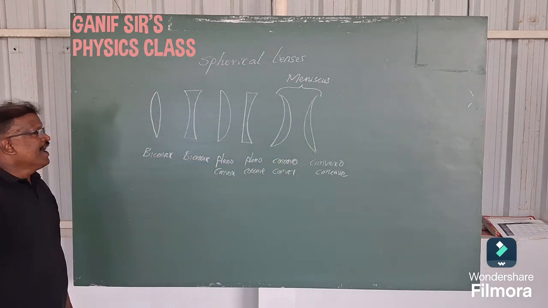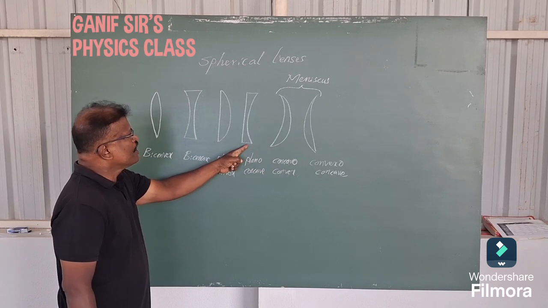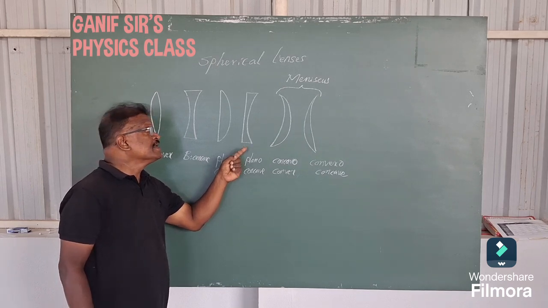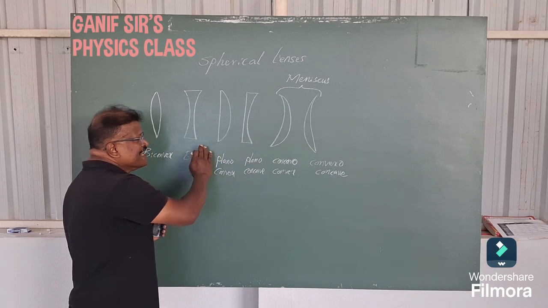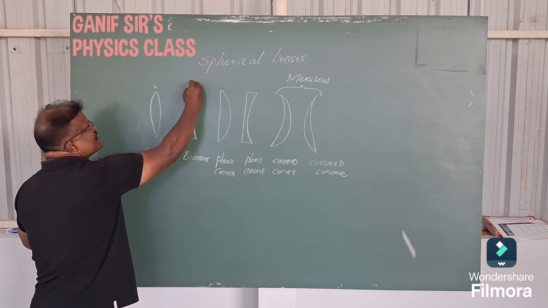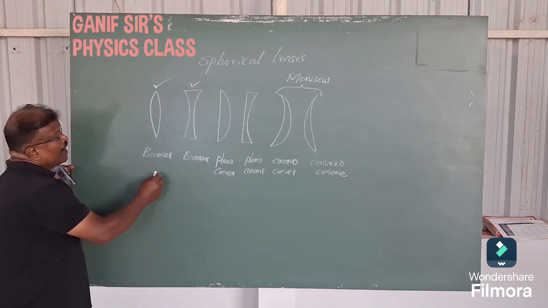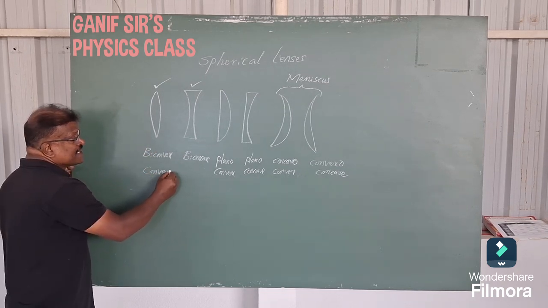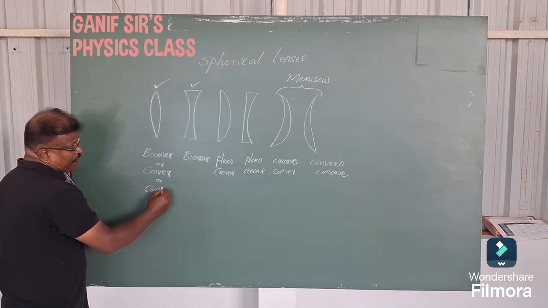Okay. And these plano-convex and plano-concave lenses are also considered in certain special cases, but due to their limited scope, we are not dealing with these lenses. We are concerned about only two lenses: one is biconvex and another is biconcave. Henceforth, I call this biconvex lens a convex lens, or it is also known as a converging lens, right?